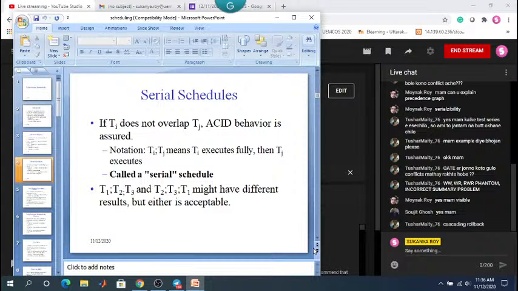What do you mean by that? It means no statement of Ti directly affects Tj. Both transactions are operating separately, not overlapping or dependent on each other. This is known as serial scheduling, meaning two transactions are performing serially.